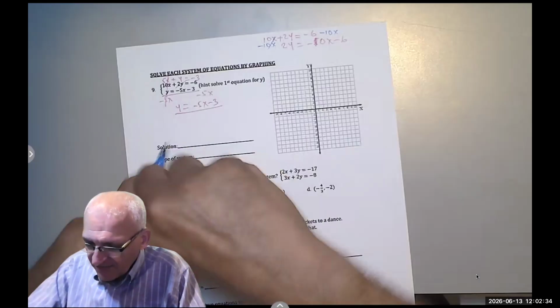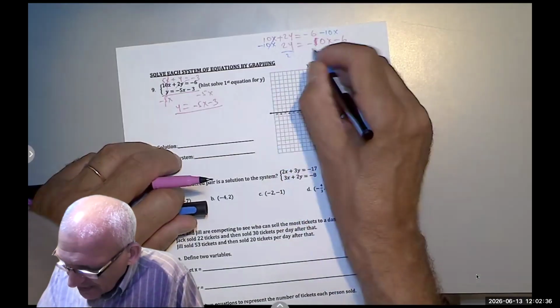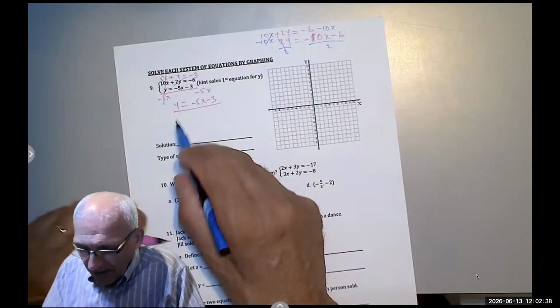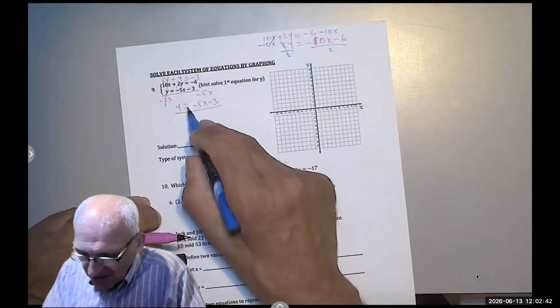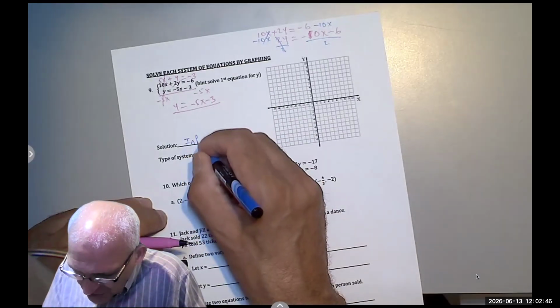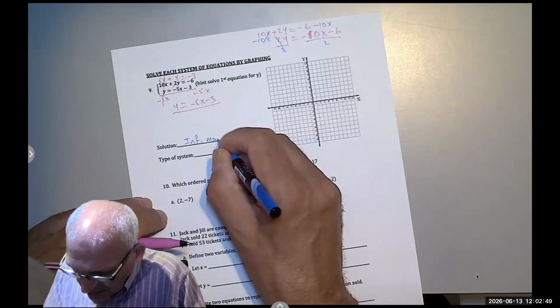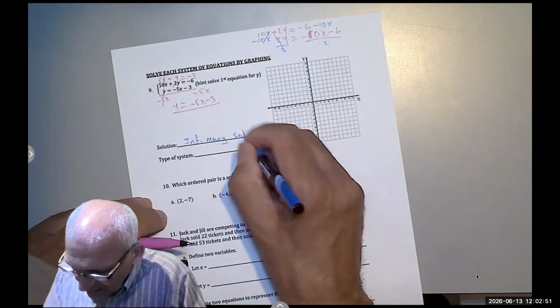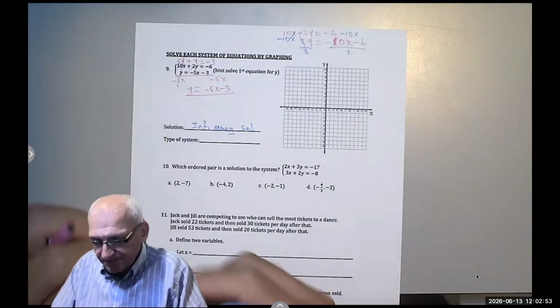And then I'm going to divide both sides by 2. I get y equals -5x minus 3, which is the same equation. So it's an infinitely many solution system because it's the same line.